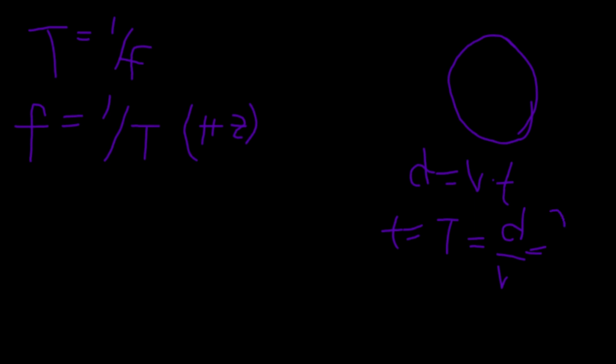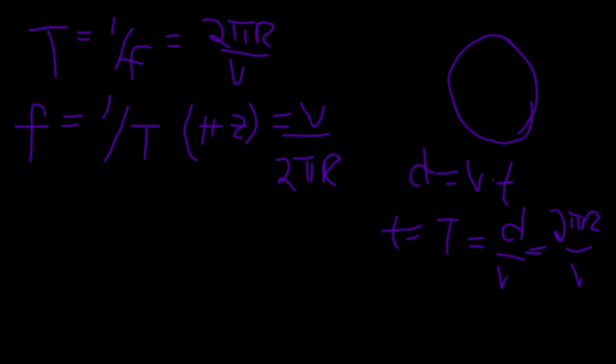So we've got 2 pi r over v. Frequency is just the inverse of period, so it would be v over 2 pi r, and the period is measured in seconds.